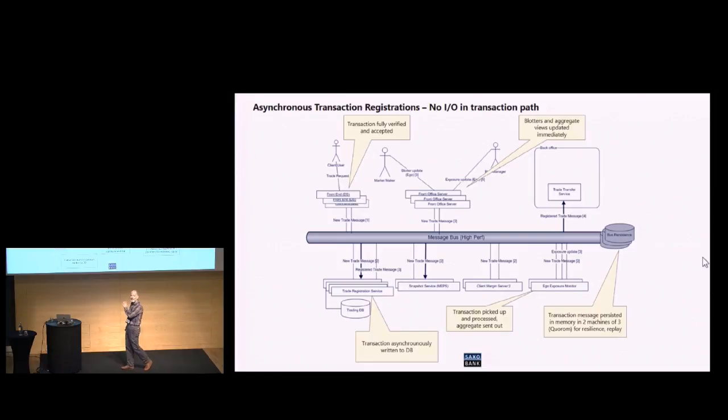Lo and behold, there are race conditions here, because that guarantee essentially only holds for a single source. So there are some race conditions you need to solve in this scenario as well.